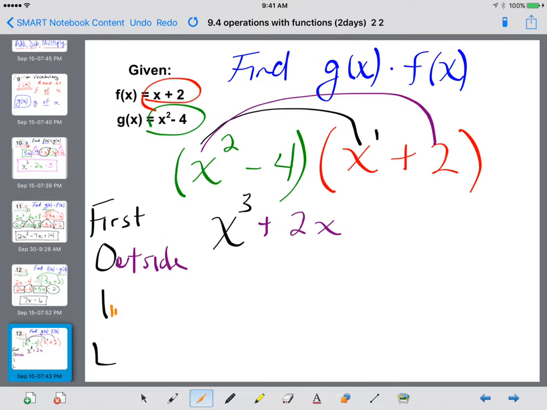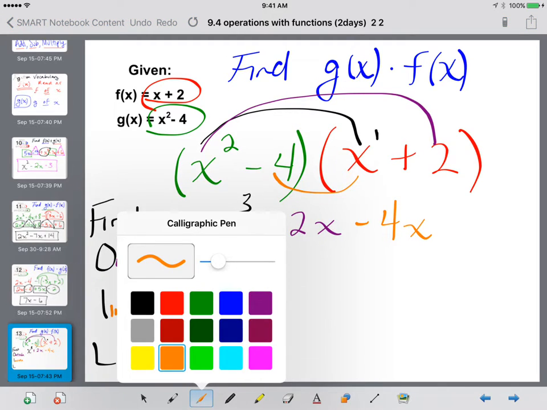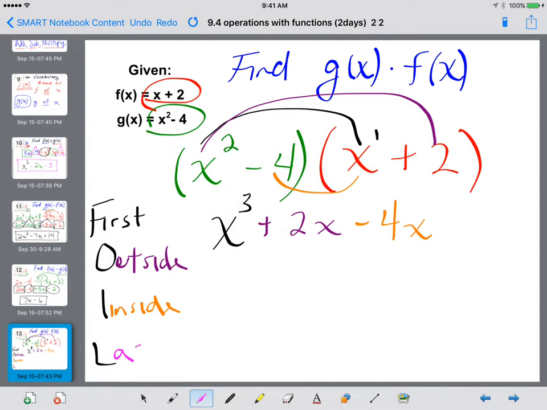I stands for the inside terms. So the inside terms would be negative 4 and x, which would give me minus 4x. And my last terms are the two numbers I haven't multiplied yet. Negative 4 and 2 becomes minus 8.